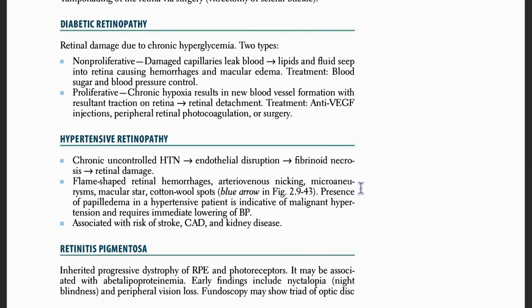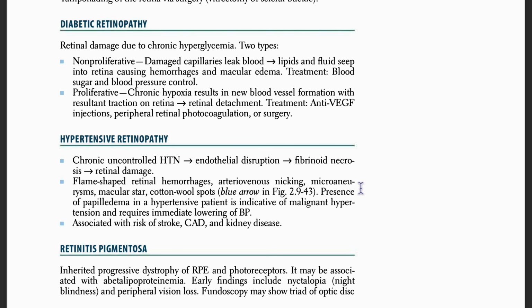Diabetic retinopathy, retinal damage due to chronic hyperglycemia. Two types: non-proliferative and proliferative. Non-proliferative: damaged capillaries leak blood, which leads to lipids and fluids seeping into the retina, causing hemorrhages and macular edema.